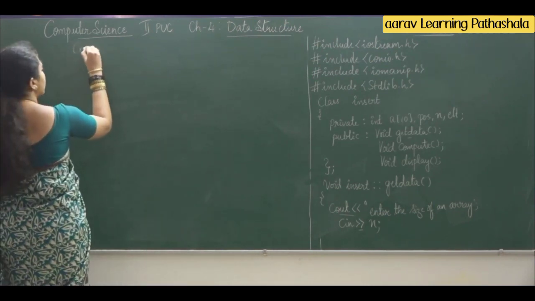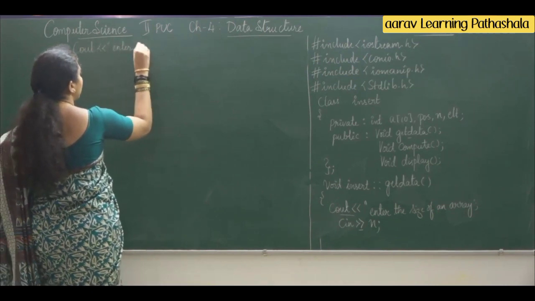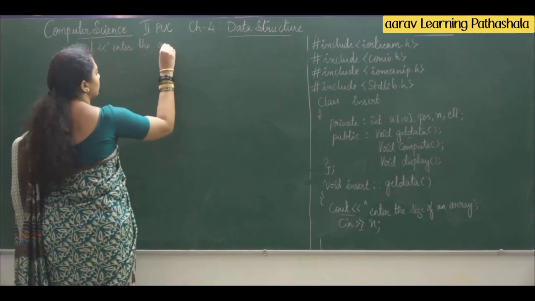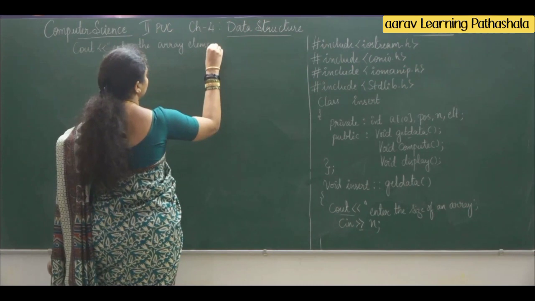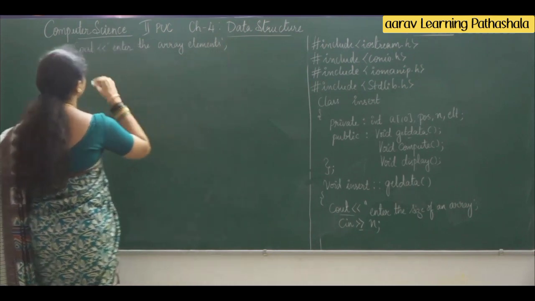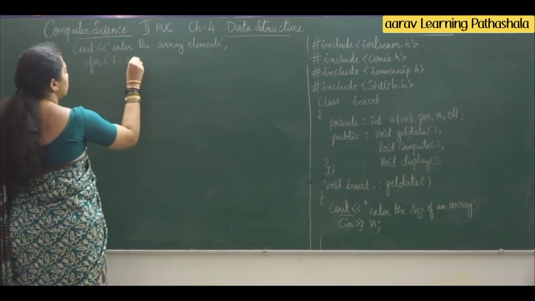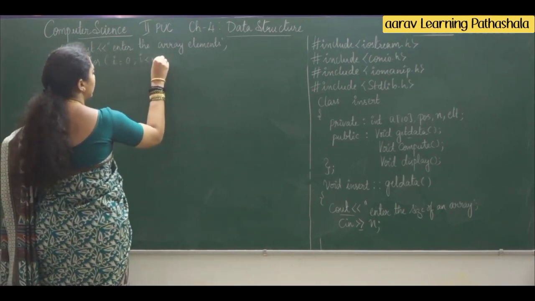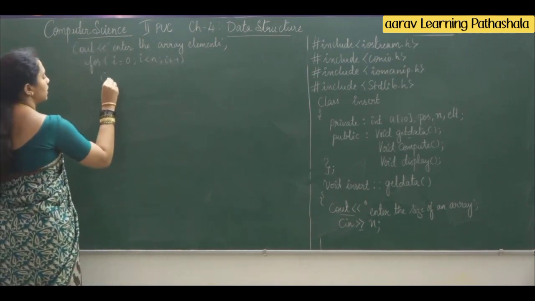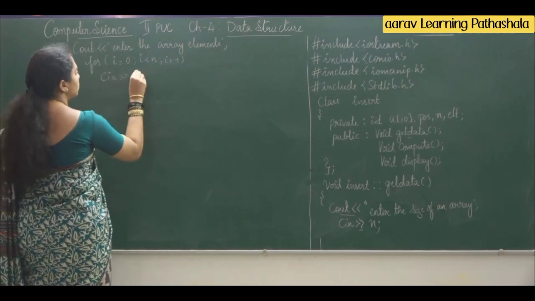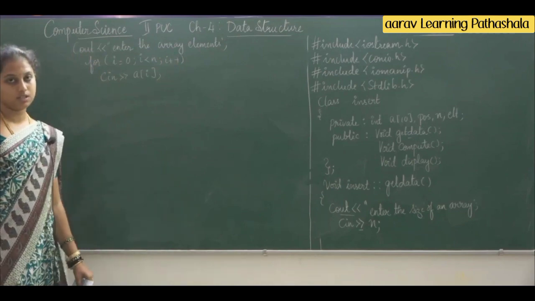Next, we have to accept the array elements. Enter the array elements. Using for loop, I is equal to 0, I less than n, I plus plus. In the cin, I am going to accept the array elements.